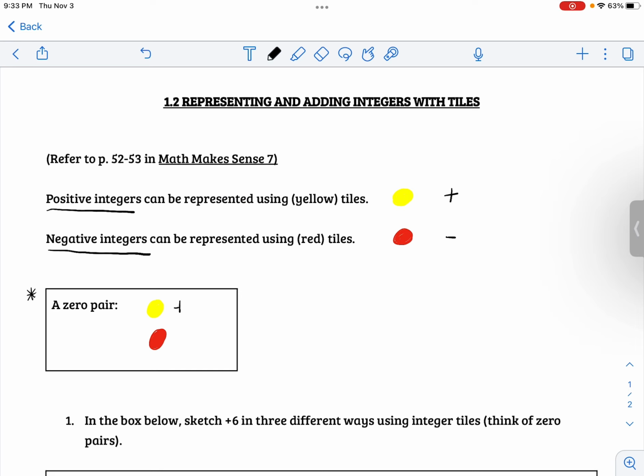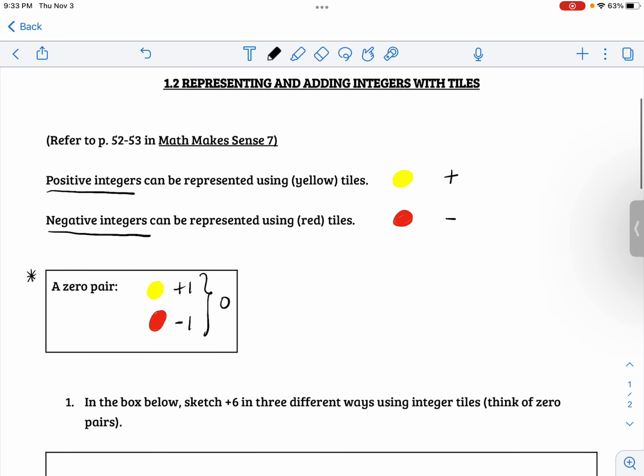So you have a positive integer, which represents +1, and a red tile that represents -1, but they cancel each other out, so it's 0. So that's a zero pair. That's a really important concept to understand when you're dealing with tiles, especially when you're adding tiles. Make sure that you are familiar with what a positive integer means, what a negative integer represents, and what a zero pair is.